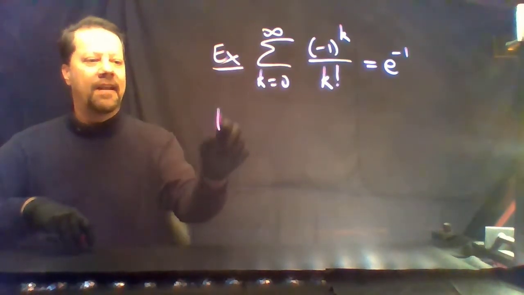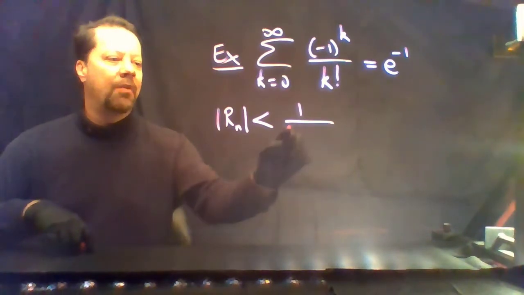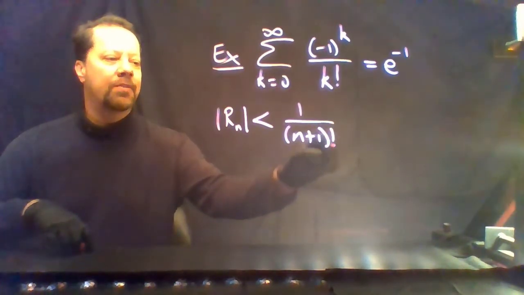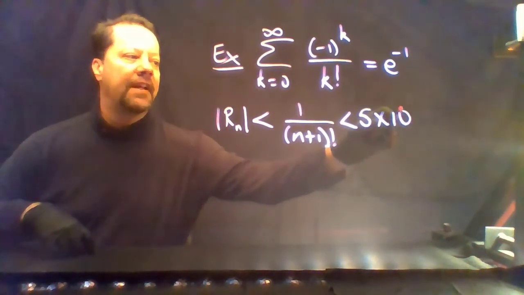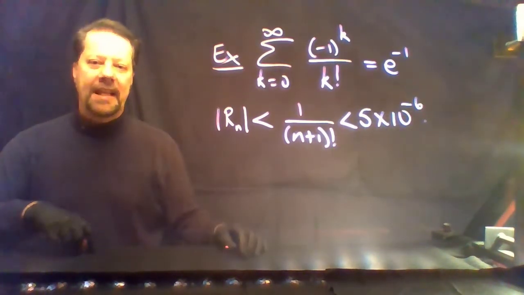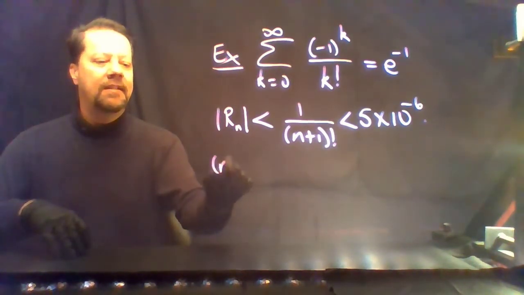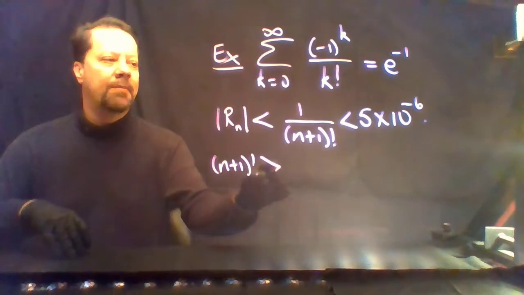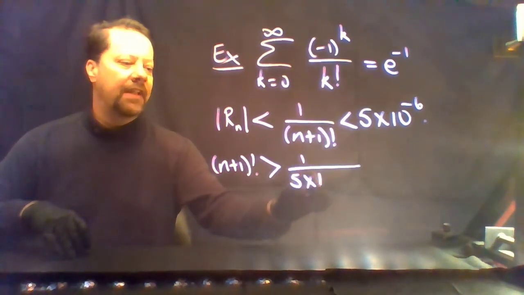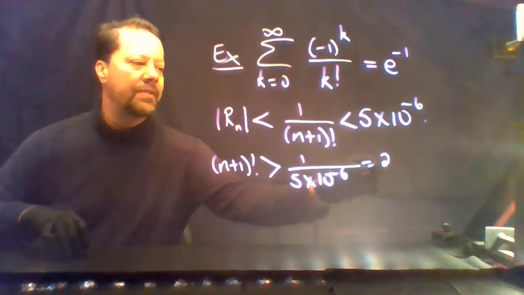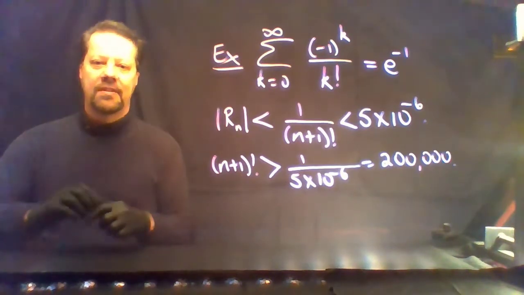We require then that the remainder, which is bounded by 1 over n plus 1 factorial, be less than our tolerance for error of 5 times 10 to the negative 6. It follows then that n plus 1 factorial must be greater than the reciprocal of 5 times 10 to the negative 6, or in other words, 200,000.